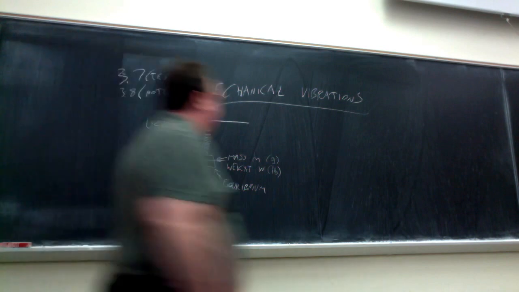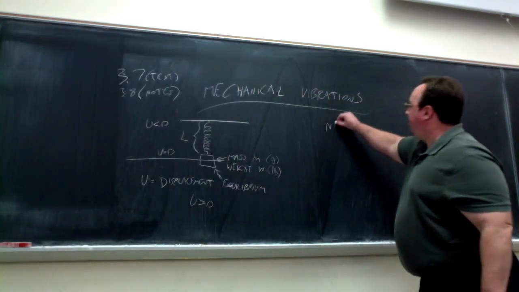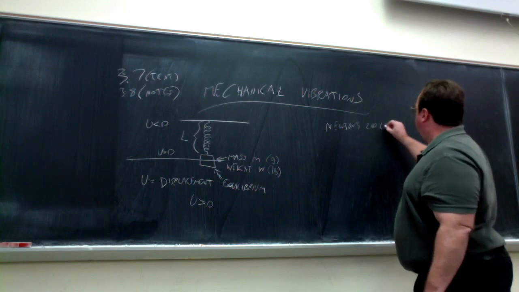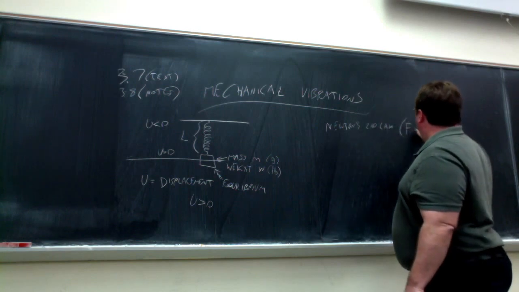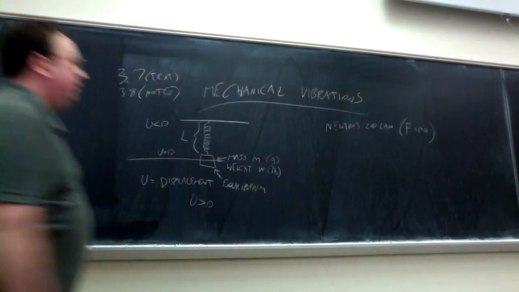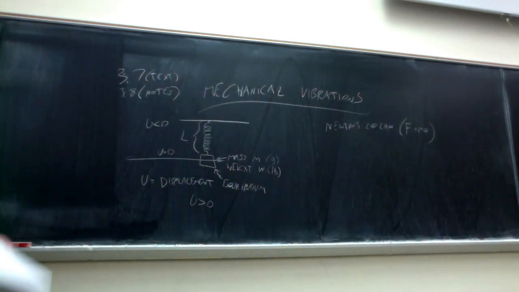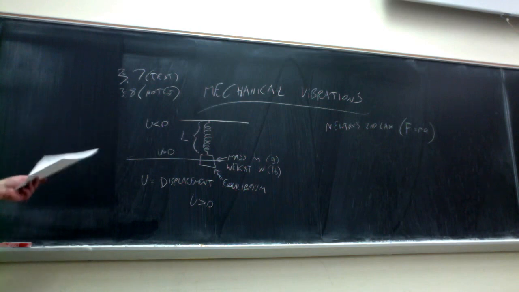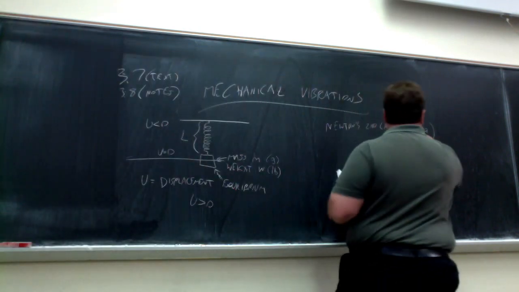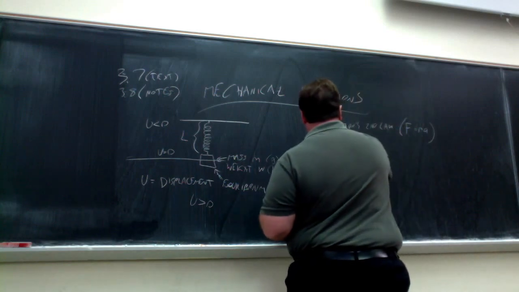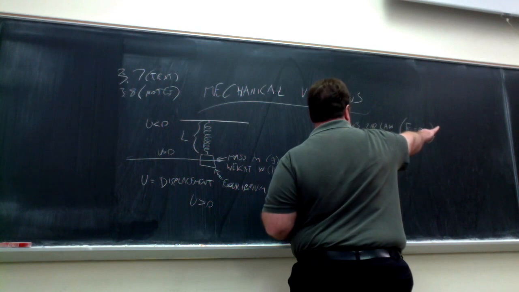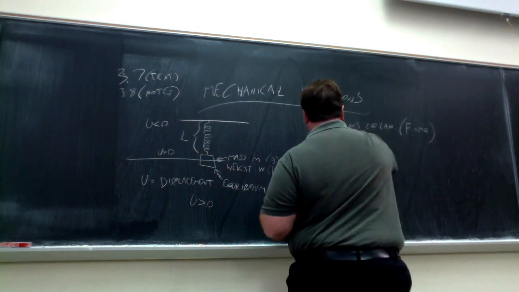So we can use Newton's second law, force equals mass times acceleration, to obtain a second order differential equation that describes the displacement over time. I'm actually going to do the left side first. The right side of Newton's second law, as normally written, is my left side for my differential equation.